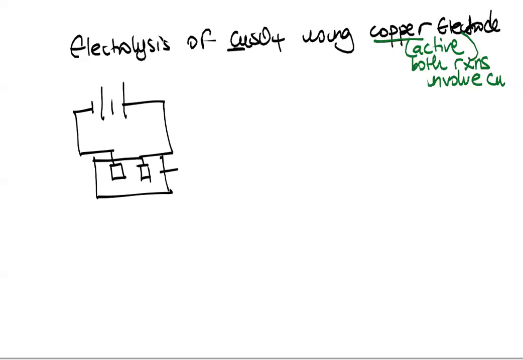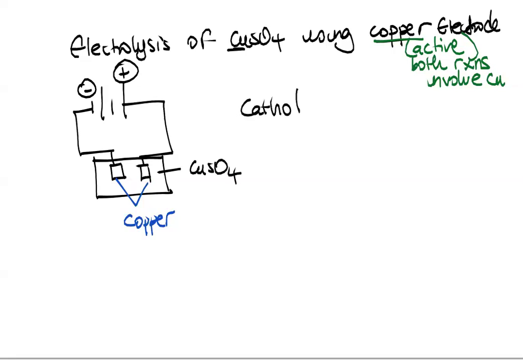So here we go. This is my CuSO4, negative, positive, copper electrodes, right? These two are made up of copper. So at the cathode, Cu2+ and H+ will migrate. Yeah, of course, they will still go, but H+ could never win.